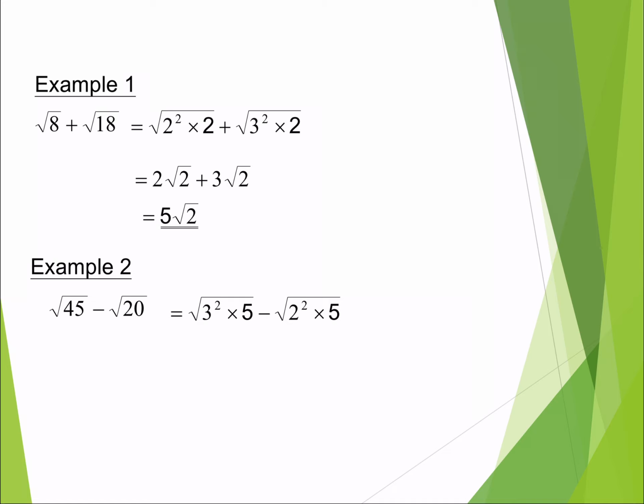So we cancel the square of 3 with the square root, and we cancel the square of 2 with the square root. So we can simplify, and then they are like surds containing square root 5. 3 minus 2 is 1. Okay, 1 square root 5, so we just write down square root 5 and skip the number 1. So these are the addition and subtraction of the surd numbers.